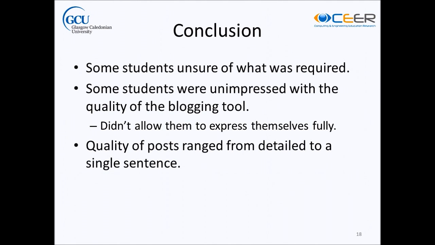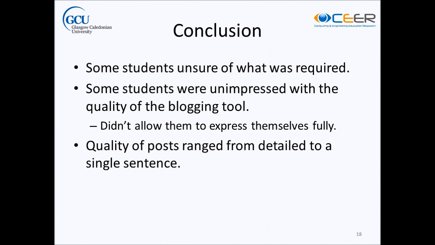Some of the reasons that have come to light for the students' performance is that they were unsure of what was required. Fair enough, it was clearly stated to them, but again, some of them were saying they were unsure of what was required. Some mentioned that they had problems with the blogging tool that we were using.